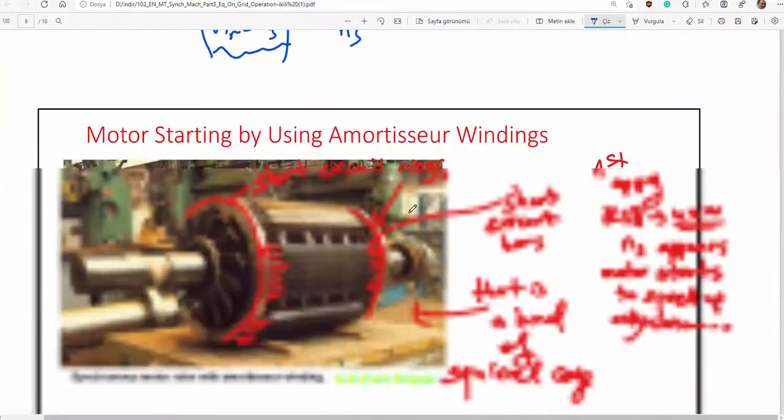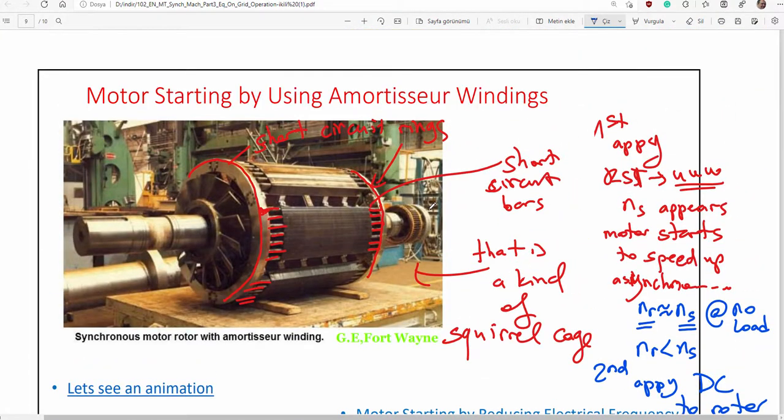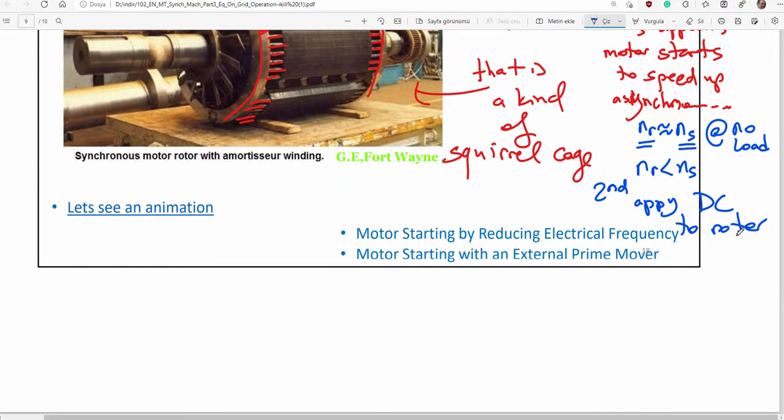Okay, we were here. The machine will operate as a synchronous motor. Second, apply DC.